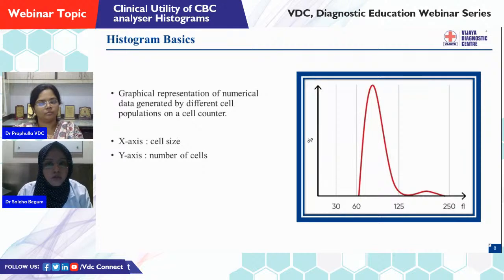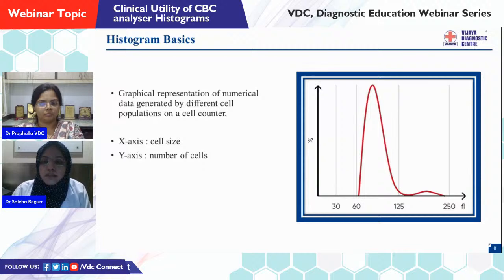Coming to histogram basics, a histogram is nothing but a graphical representation of the numerical data generated by various automated analyzers. A thorough review of the histogram gives us valuable information which is usually missed in the numerical data.